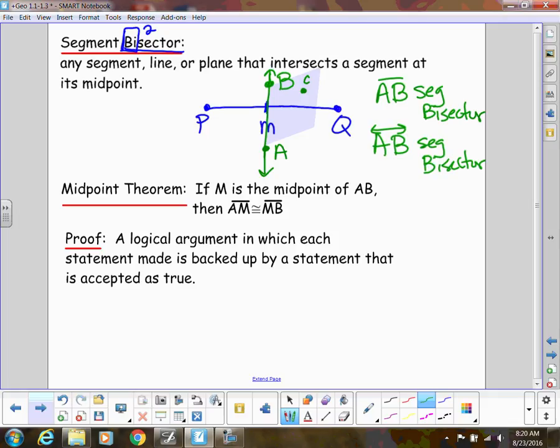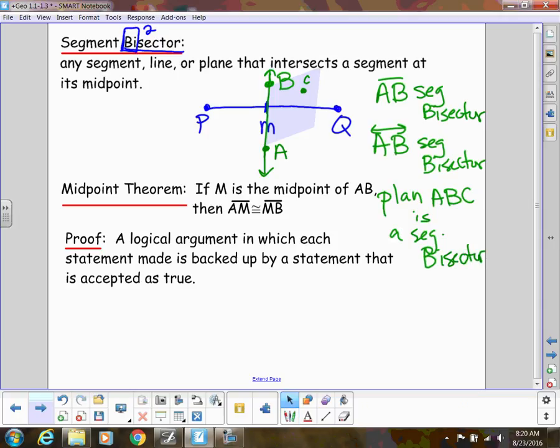Let's call another point on that plane C. So plane ABC could be a segment bisector. But notice that nothing changed about the segment PQ. PQ was still cut in half. It's just what object cut it in half that was different. But all 3 of those things can be a segment bisector.